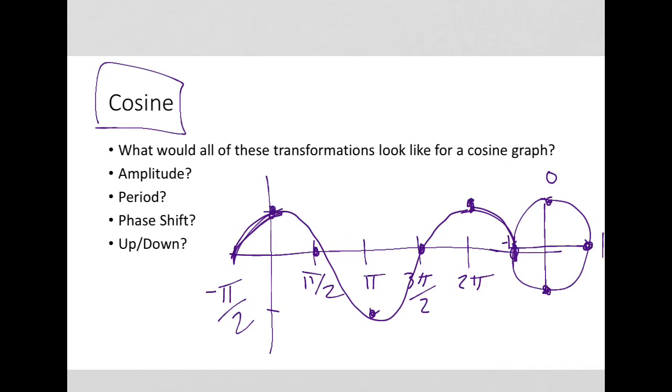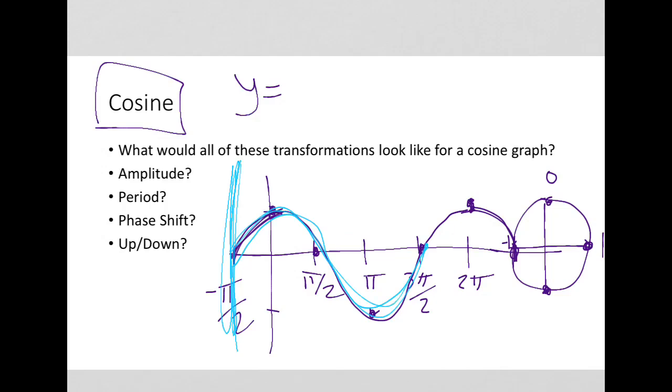Now imagine if I put my axis right there and graphed this. What did I just graph? That would be a sine graph.